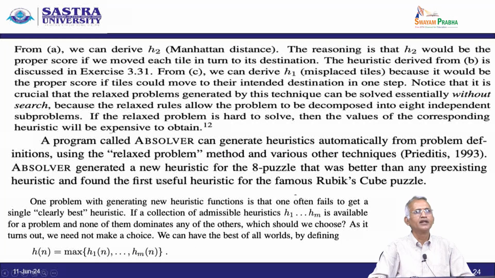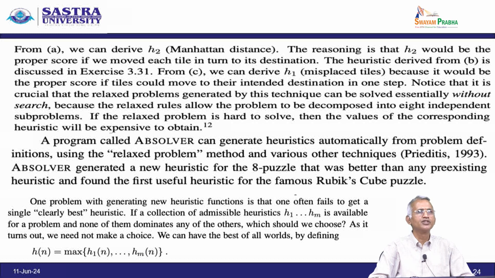From A we can derive H2. The reasoning is that H2 would be the proper score if we moved each tile in turn to its destination. The heuristic derived from B is discussed next. We can derive H1, the misplaced tiles, because it would be the proper score if tiles could move to their intended destination in one step.